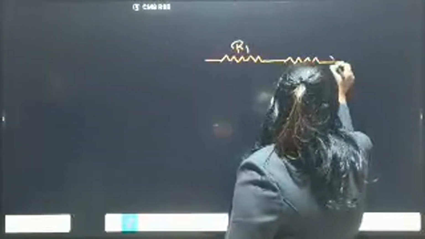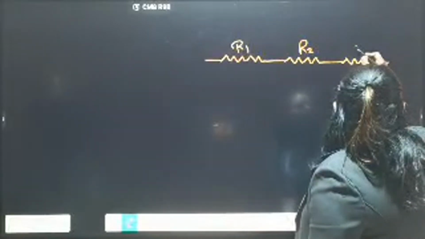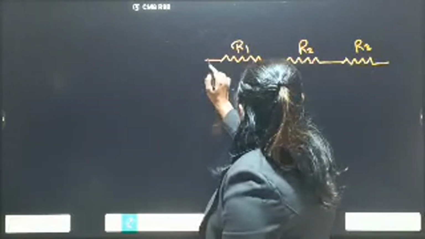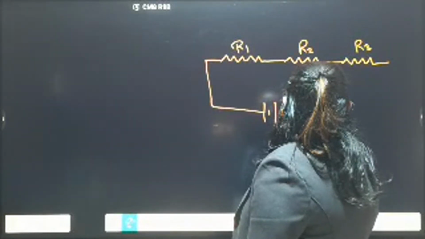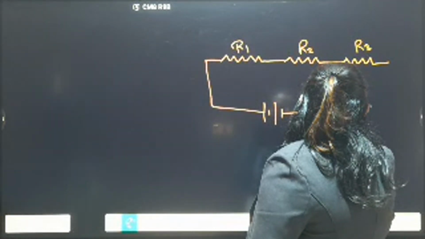How? End to end, that means this is resistor 1 having resistance R1, this is second resistor having resistance R2, and this is third resistor having resistance R3. They are connected end to end across a battery and a key.